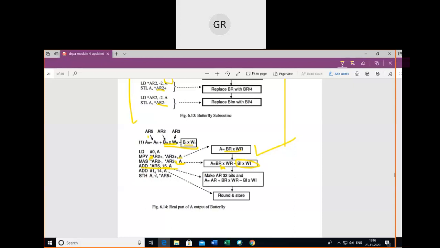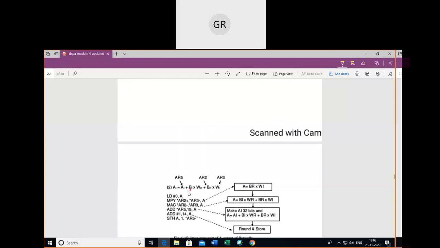Add hash 1 comma 14 comma A. Round and store in the AR5 plus register, which holds the AR dash value, the real value of the first butterfly output. Just remember, this program is for AR dash.